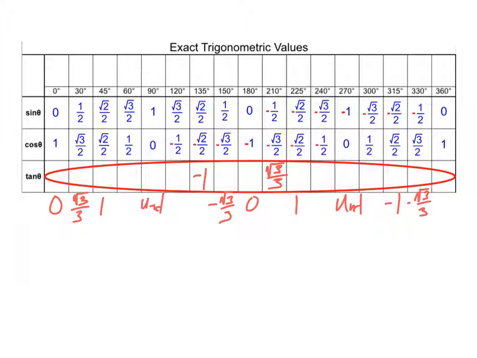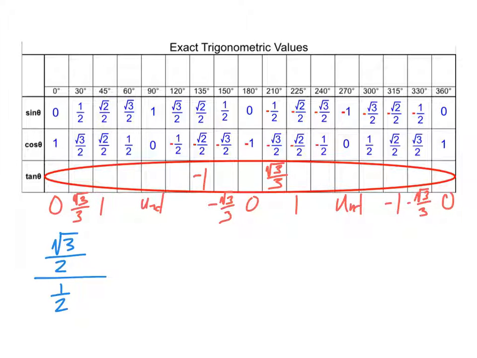And 360, 0 divided by 1 is 0. Notice our values for 360 are the same as they were for 0 degrees, because it's still one full revolution around the circle. All right, so that gives us just one last piece. We need to do the root 3 over 2 over 1/2 and figure out what that one equals.